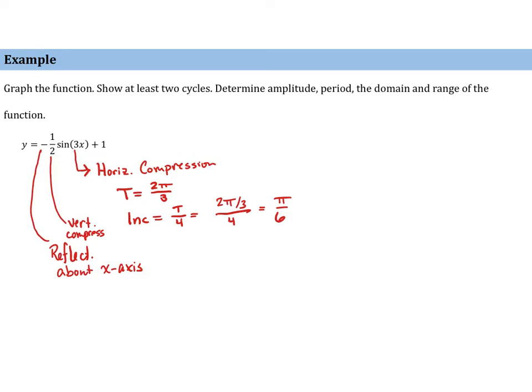Well, if we were to write this out, A equals negative 1/2. So therefore, the amplitude is positive 1/2. So now, we also have this 1, which is a shift up of 1 unit. This means that our line of oscillation is now y equals 1.